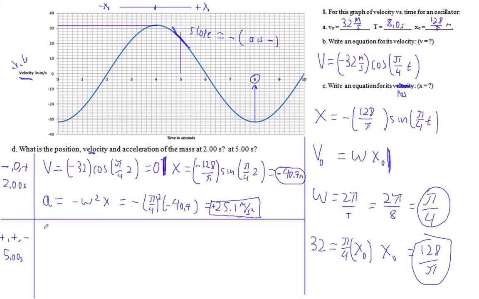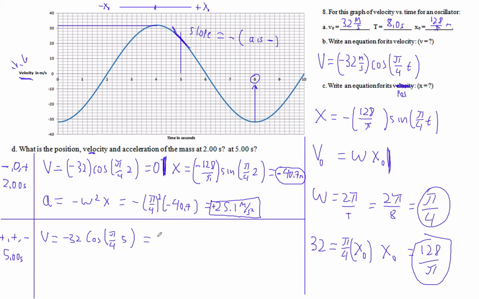So let's go ahead and figure out our velocity. Velocity should be, by the way, between 20 and 25, it looks like, closer to 25. Let's figure it out. V is minus 32 cos of pi over 4 times 5.